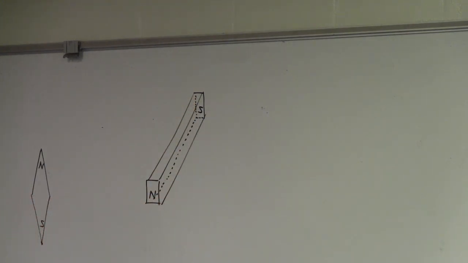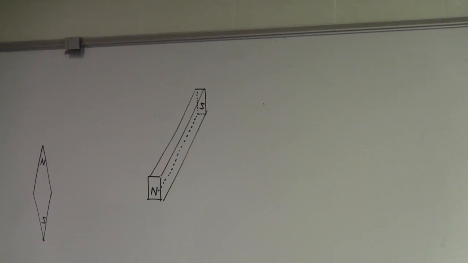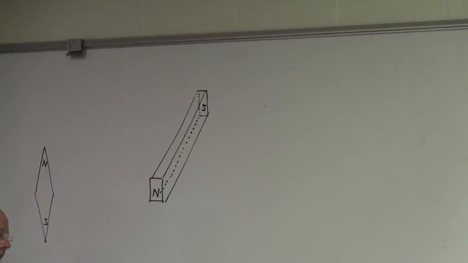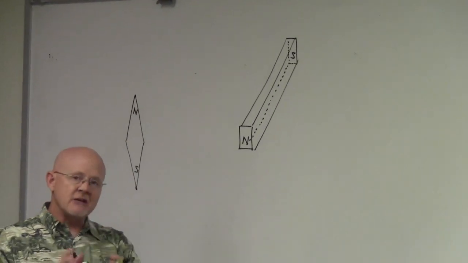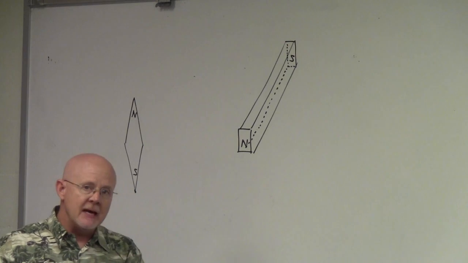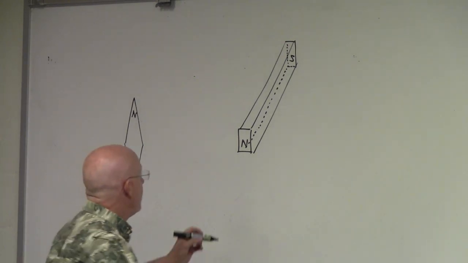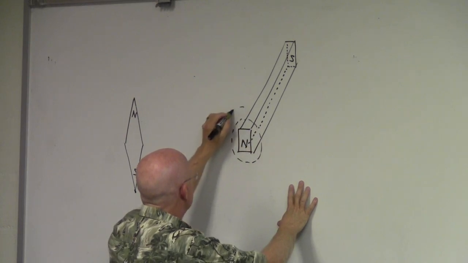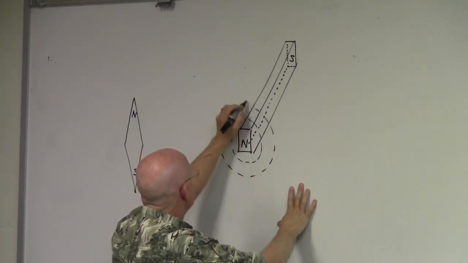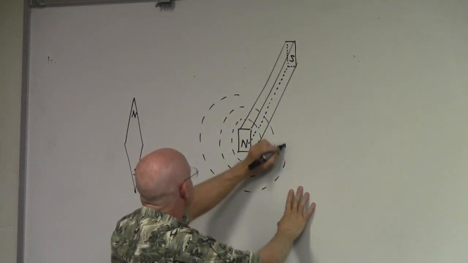And all of that is to say that if I'm clever enough, the effect of the south pole will be minimal enough that I can then have the effect from this north pole.